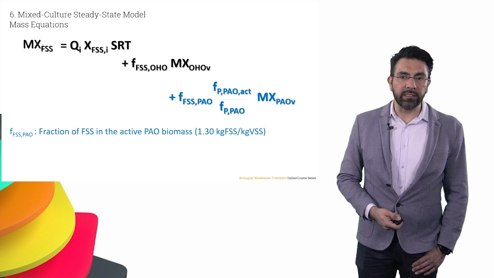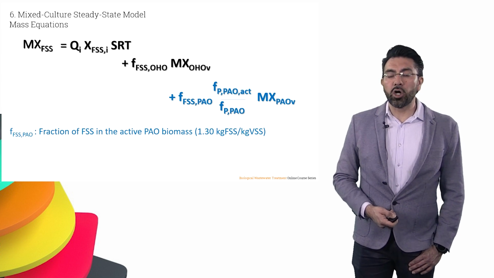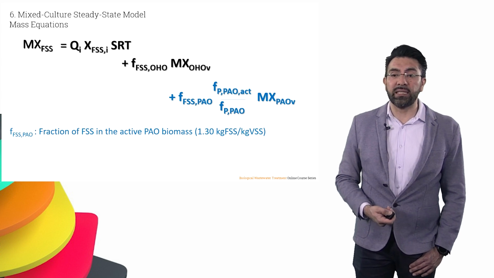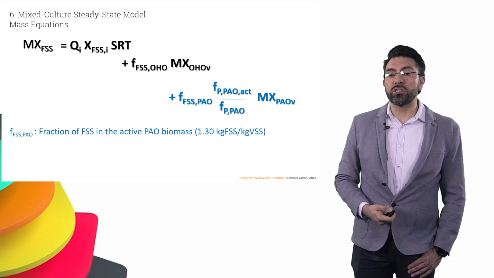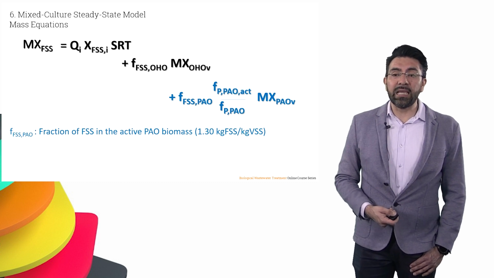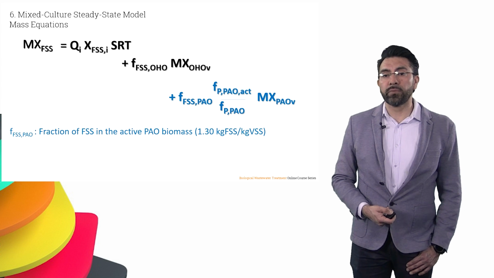Why is this term added? This term is added because the PAOs, depending on how much phosphorus is present in the influent and depending on how much phosphorus the other masses contribute to the removal, may not be completely full.